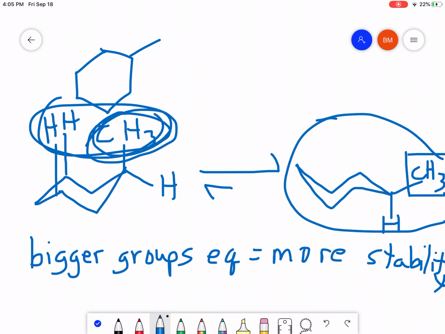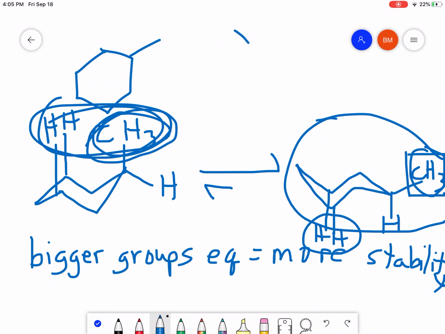These are close together. Whereas that doesn't happen over here. These H's are pretty far away from this methyl group. So you don't have to worry about bumping into them.